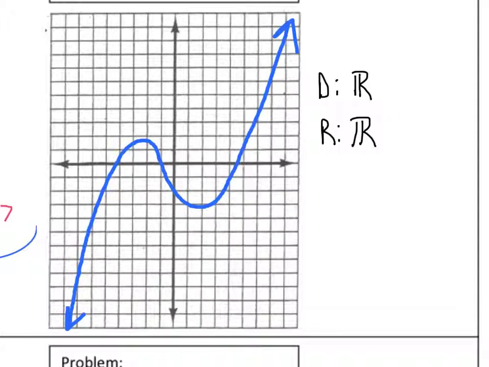So also just a line that goes positive or negative slope is going to be all real numbers. If I had just a straight line like that, then what would the domain be? All real numbers. What would the range be? All real numbers. Okay? Any other questions? If not, I've got at least one more example I'd like to do.